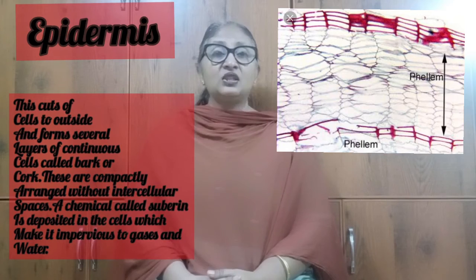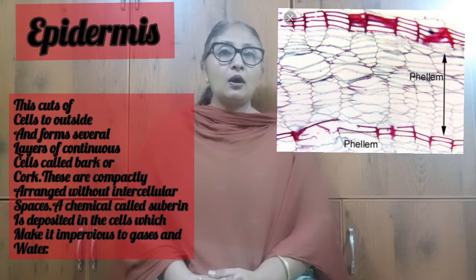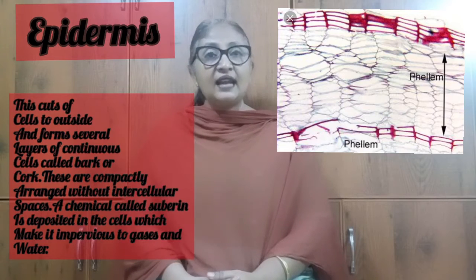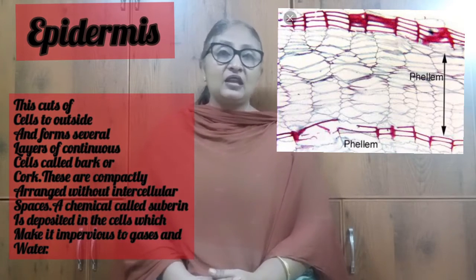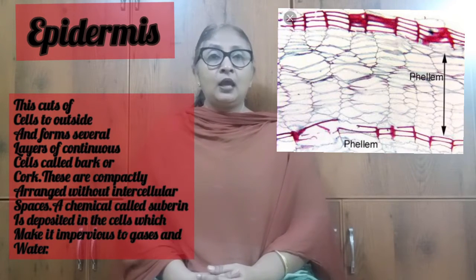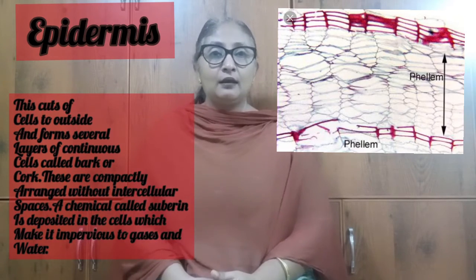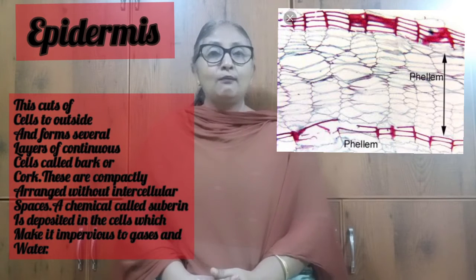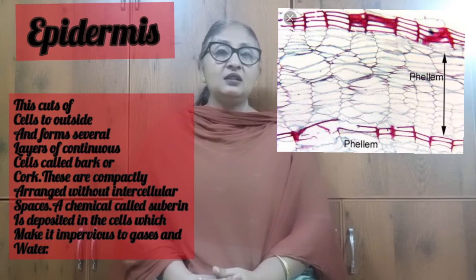Thus, several layers of cells are formed which are known as bark or cork. These are dead cells and they are compactly arranged without any intercellular space. Deposited in them is a chemical known as suberin, which makes these cells impervious to gases and water.